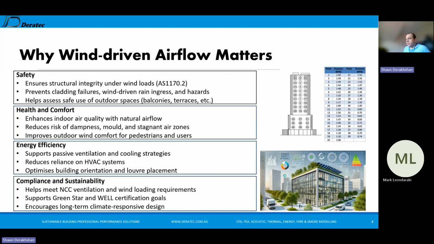Compliance and sustainability is important again because nowadays builders or developers try to get a Green Star certificate. So one of the most important is using natural ventilation, and wind loading or whatever external requirement, properly.